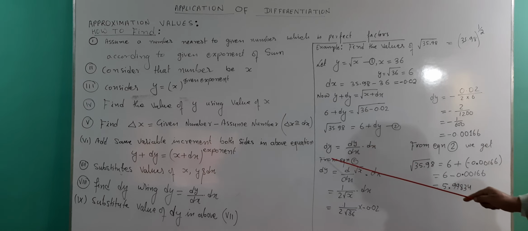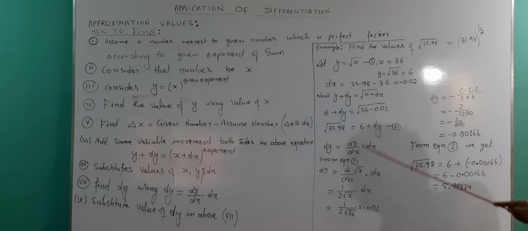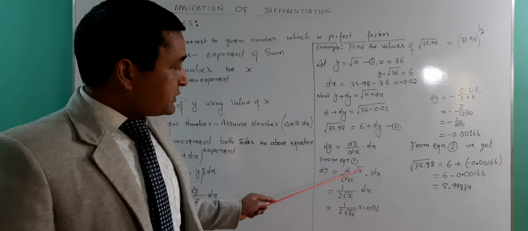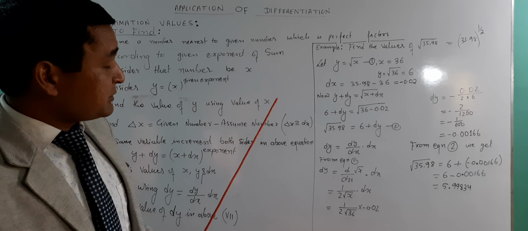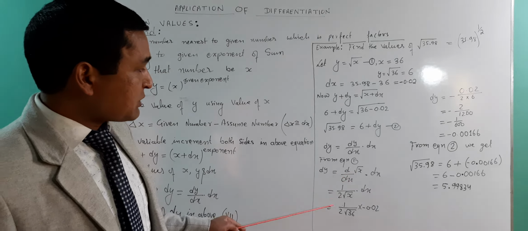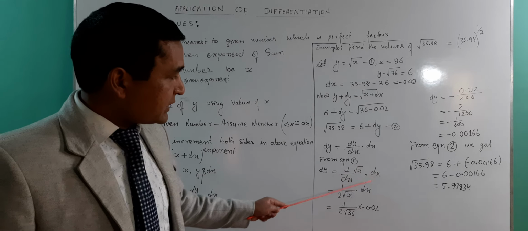From equation 1, y is root x, so replace y with its value, root x. Differentiation of root x, you already know, since we are learning the application of derivative. Differentiation of square root x is 1 upon 2 root x, and dx is there.